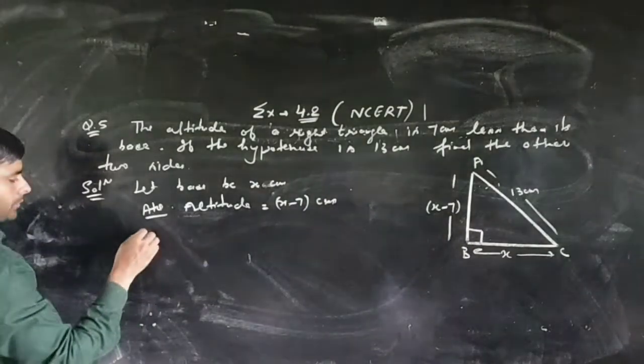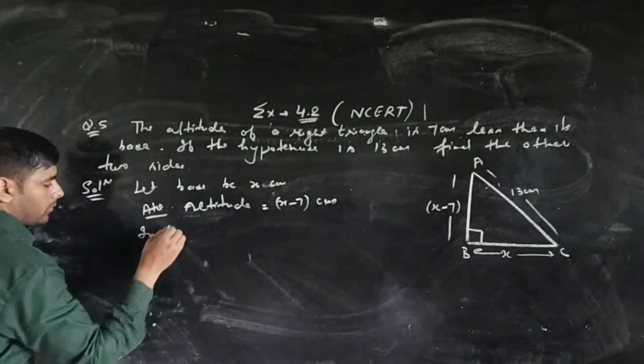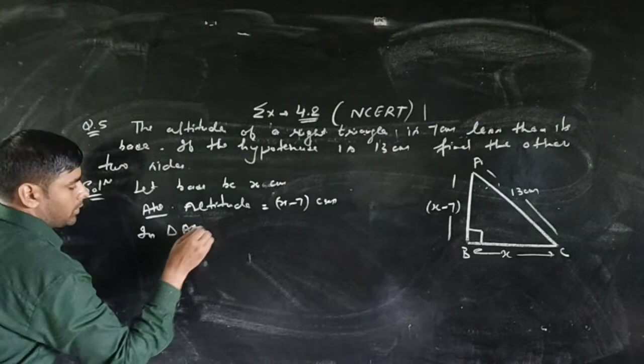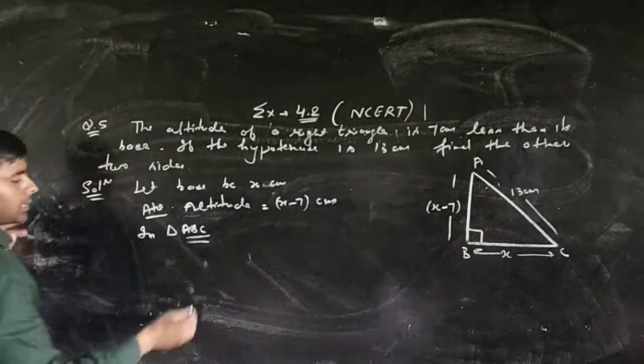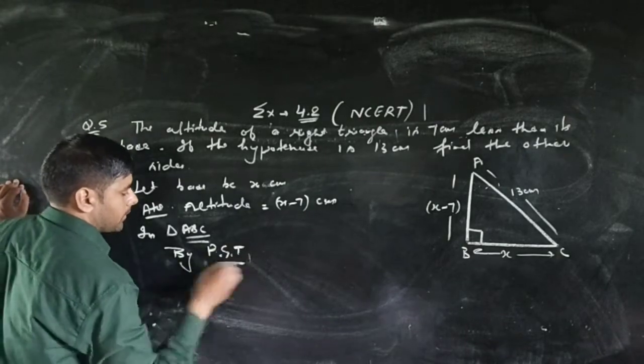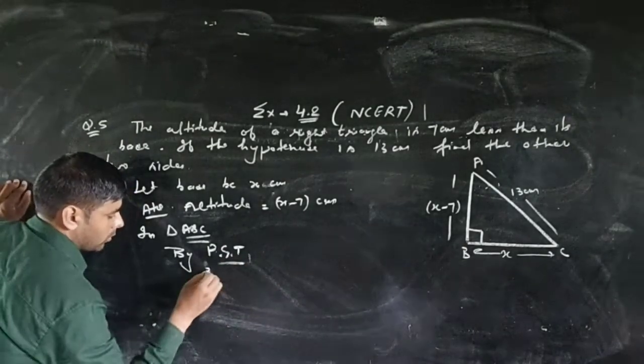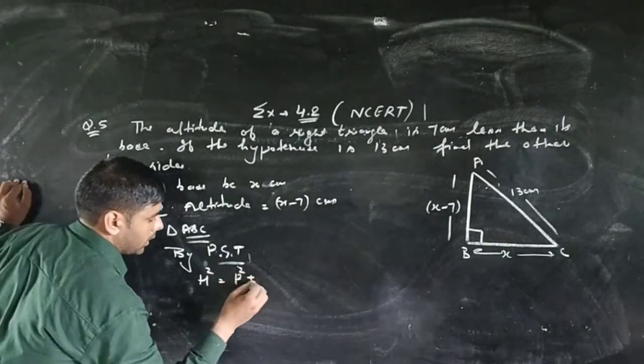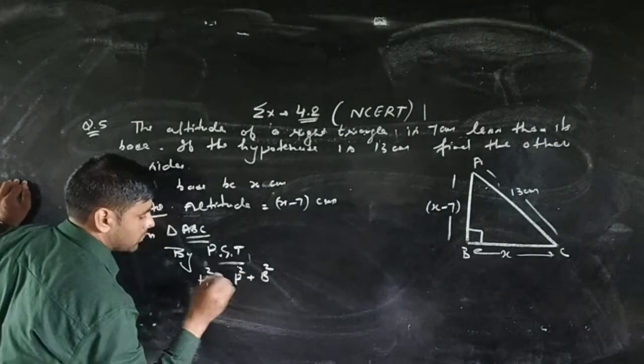Hypotenuse is given here. Now in triangle ABC, by Pythagoras theorem, hypotenuse whole square equal to perpendicular square plus base square.